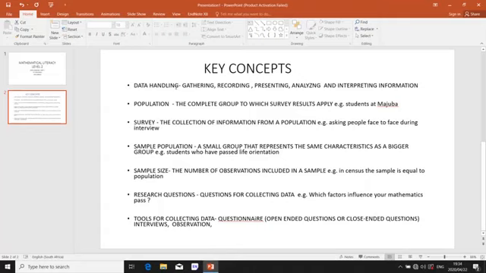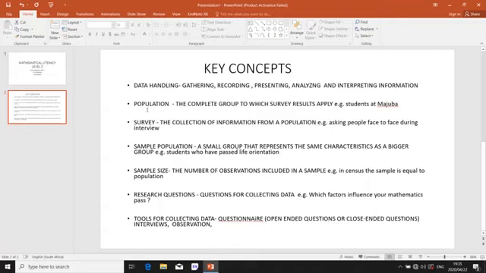When collecting data, in other words, you gather the information. After gathering, you record, you represent them, and then you analyze all the information, interpret and display them in graphs so that people can easily see that information.